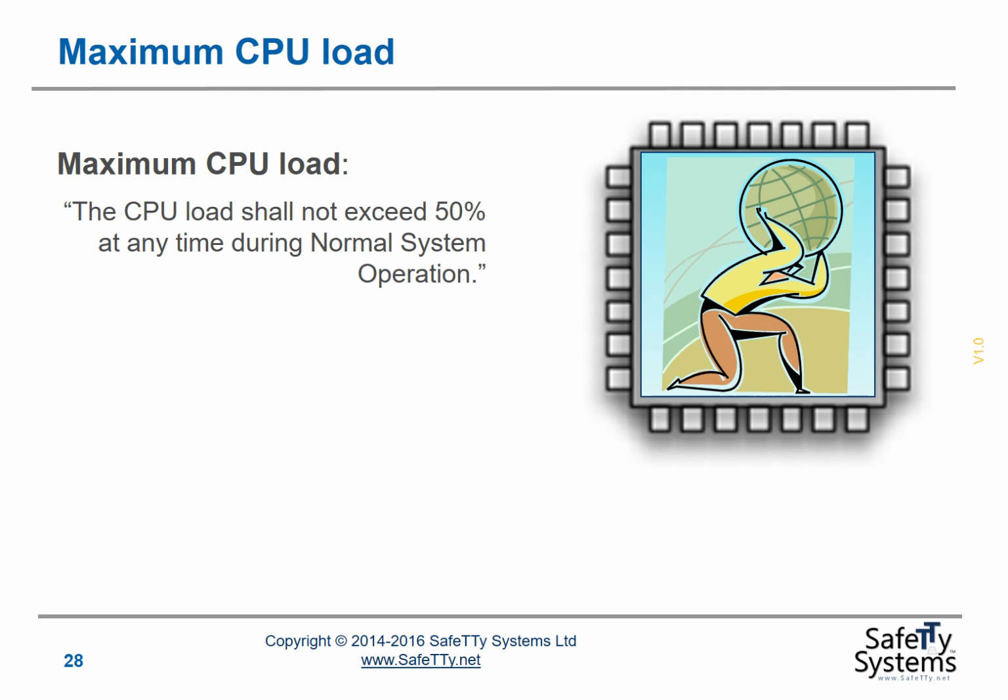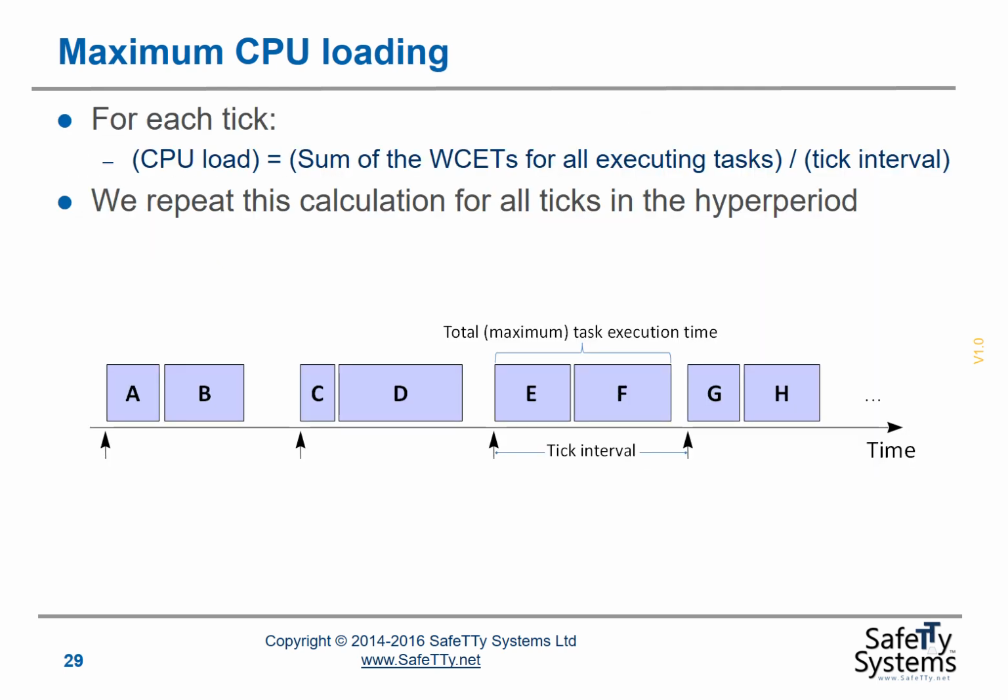So we started this course by saying that often you may be given by a customer a particular set of requirements. The CPU load shall not exceed 50% at any time during the normal system operation, for example. So how do we determine the maximum CPU load? For each tick in the hyperperiod, we sum up the CPU load as the sum of the worst case execution times of all executing tasks in that tick interval divided by the length of the tick interval.